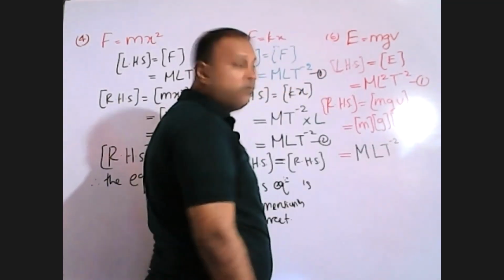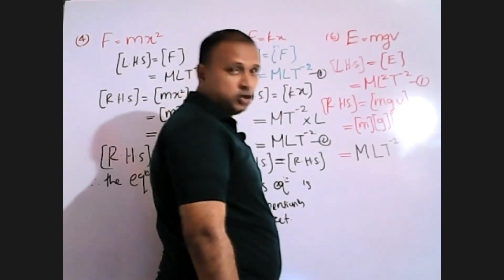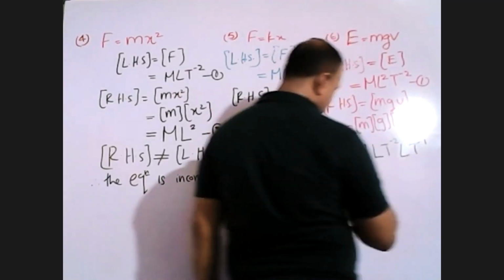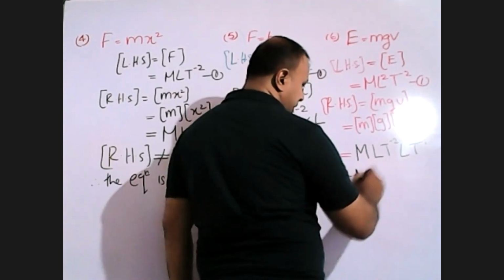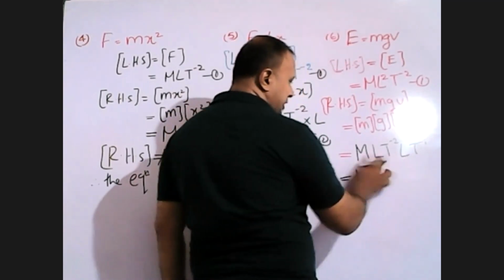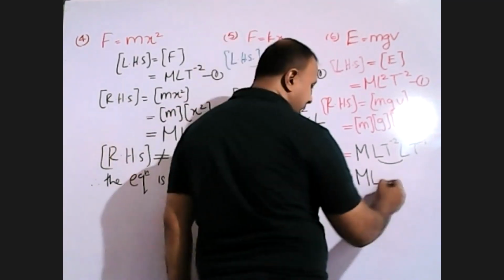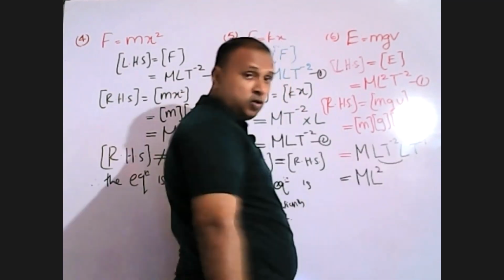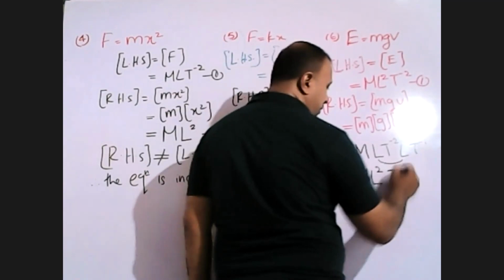Then dimension of v means velocity, LT minus 1. Then we can simplify this one. M, there are two L's, so L is squared, and T to the power minus 2 with T to the power minus 1 means T to the power minus 3.